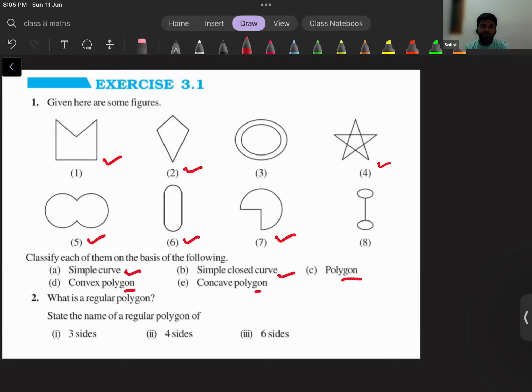One is a simple closed curve, one is a non-simple closed curve. In a non-simple closed curve, the figures will be intersecting each other, right? Like see the fourth one here. It is not a simple closed curve. It is simply a simple curve here. Or if you were provided with an option, you would have written it as a non-simple curve, right, guys? Because the figures are intersecting each other.